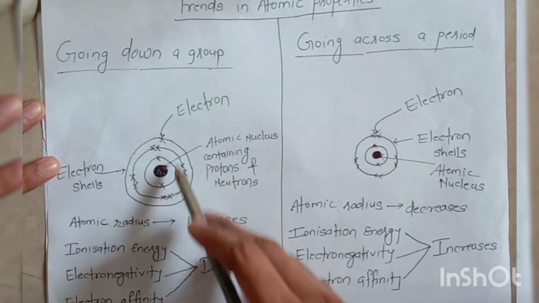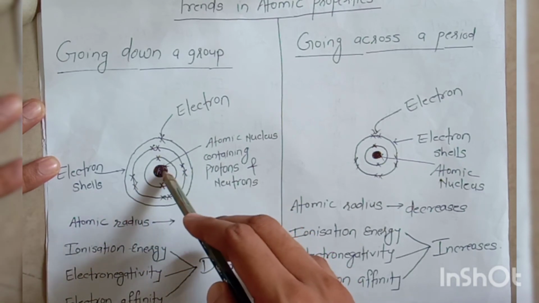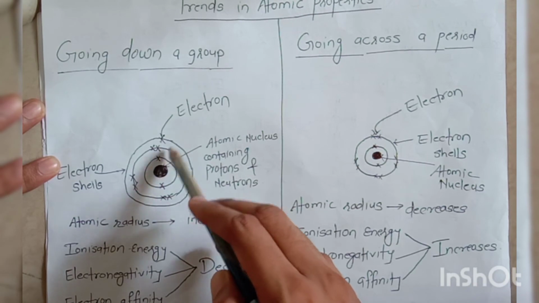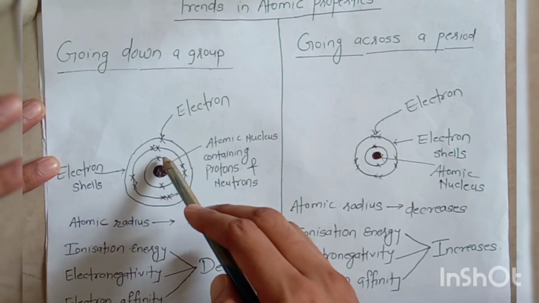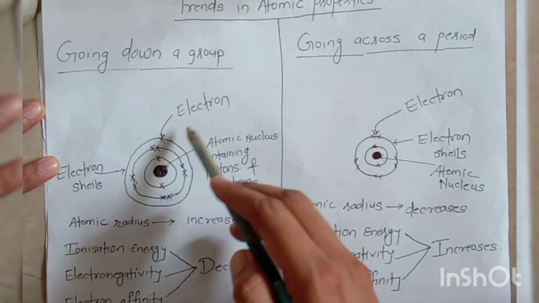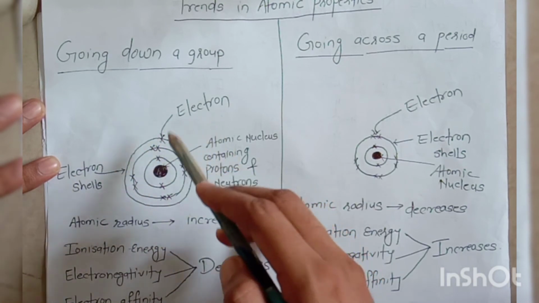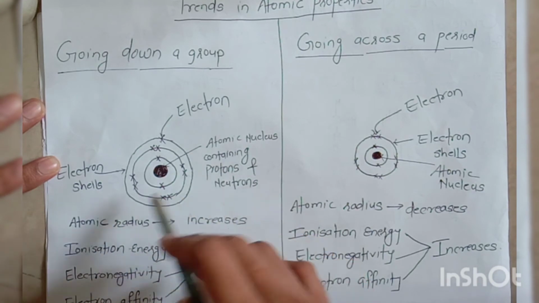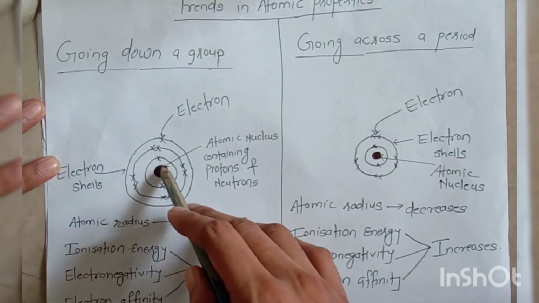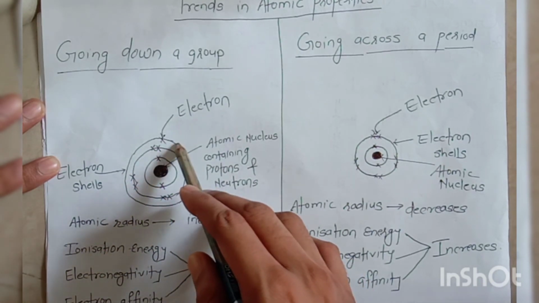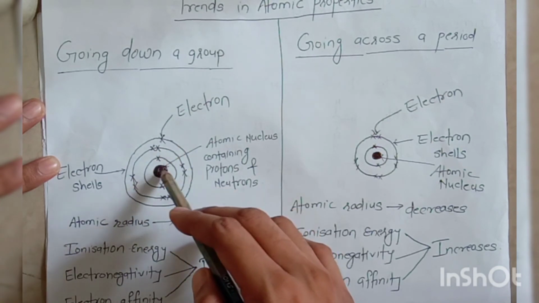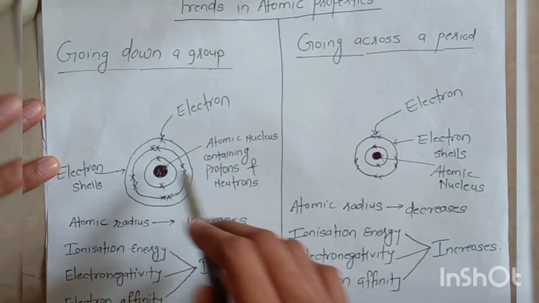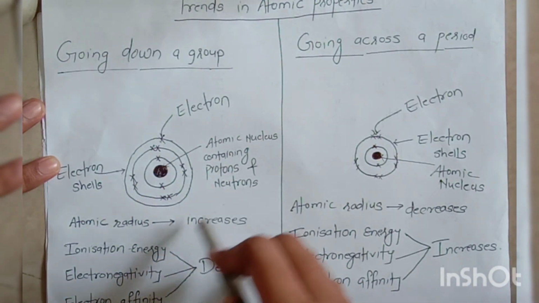When we go down a group, the number of shells increases: 1, 2, 3. That is why atomic radius, the distance from the center of the nucleus to the outermost shell, increases going down a group.